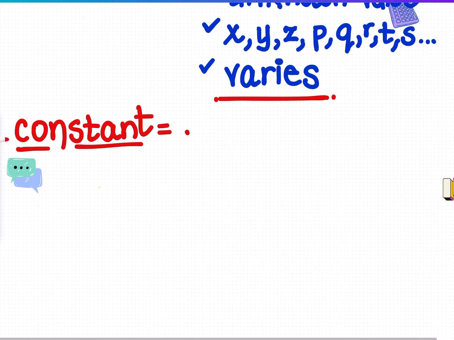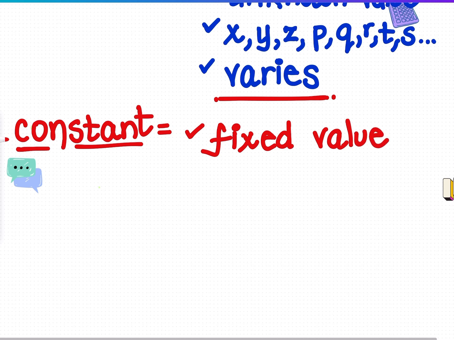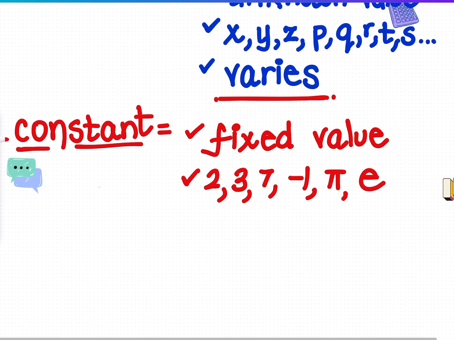So in a way, we can say it is a part of a polynomial that has a fixed value. What type of fixed values could it have? Like 2, 3, 7, -1, pi. The value of pi never changes, it remains the same. Euler's number is another constant.